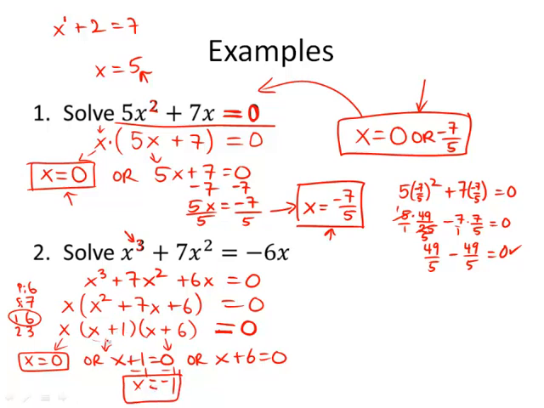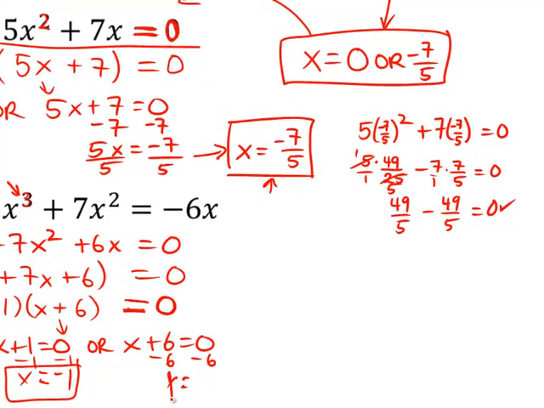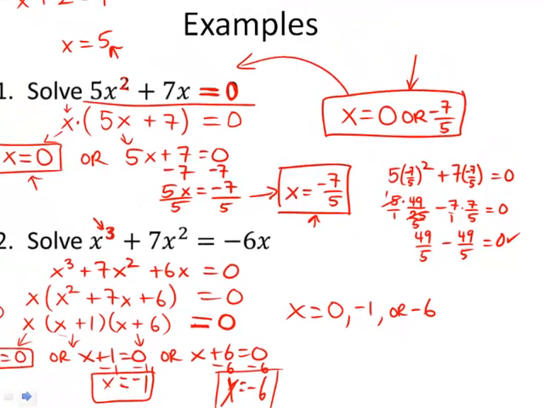You could plug that in, and that would make the middle term 0, times the others would still give you 0, and minus 6, you could give x to be negative 6. So the final answer would be x equals 0, negative 1, or negative 6. We have 3 solutions for a degree 3 polynomial. You can also check the answers.